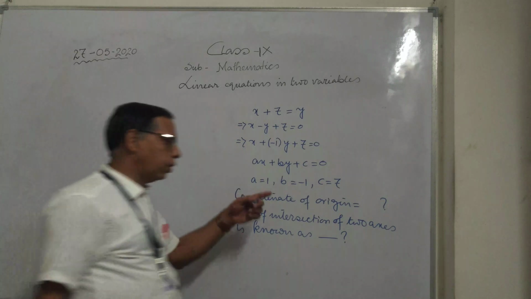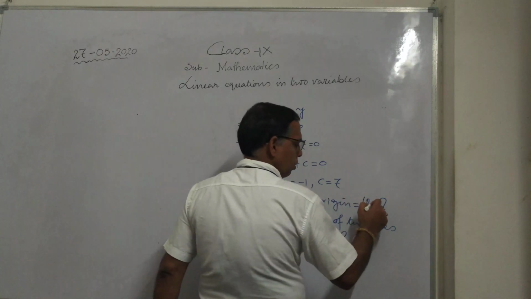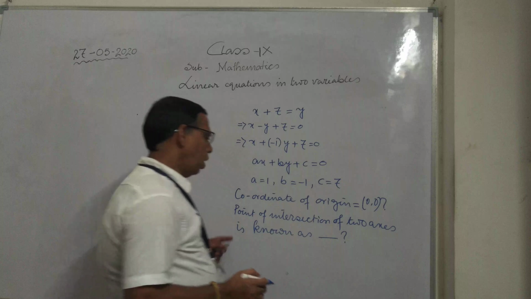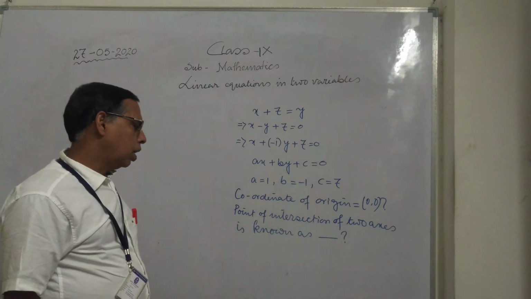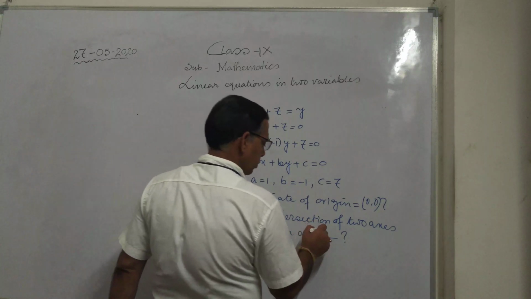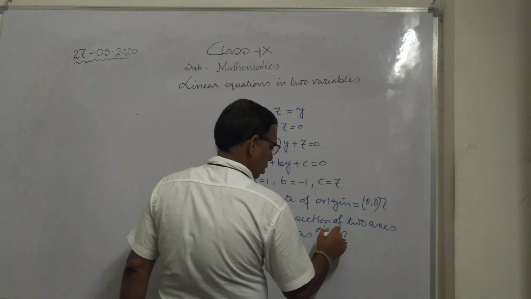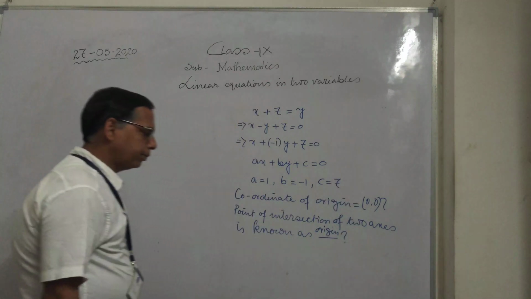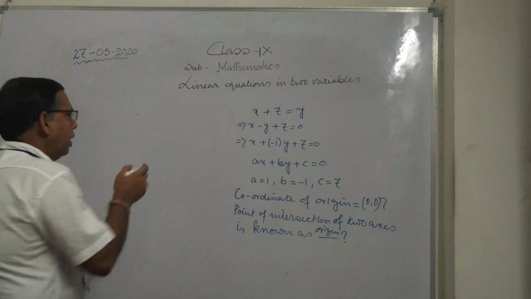What is the coordinate of origin? It is 0, 0. Then the point of intersection of the two axes is known as origin.